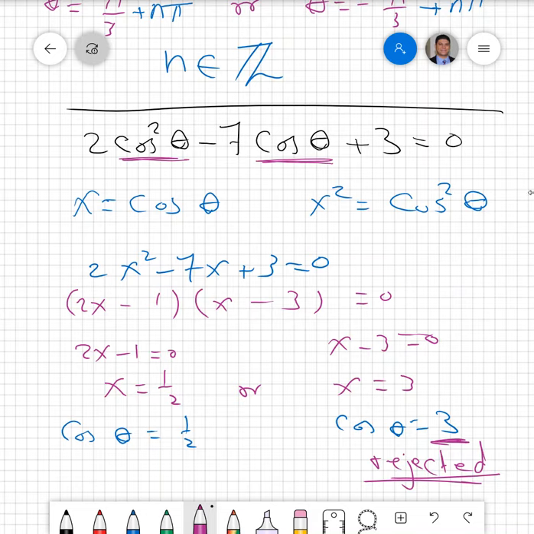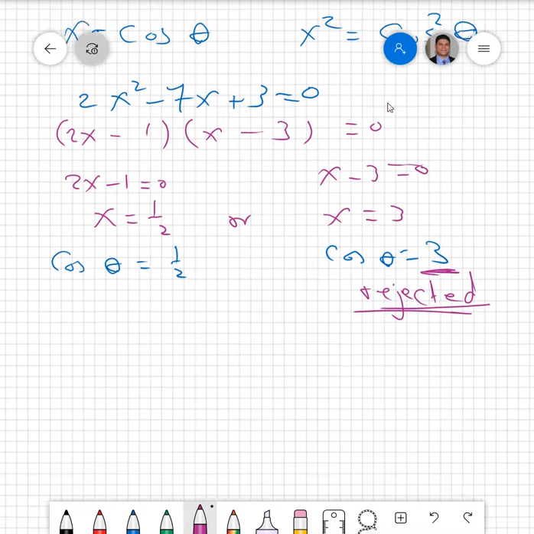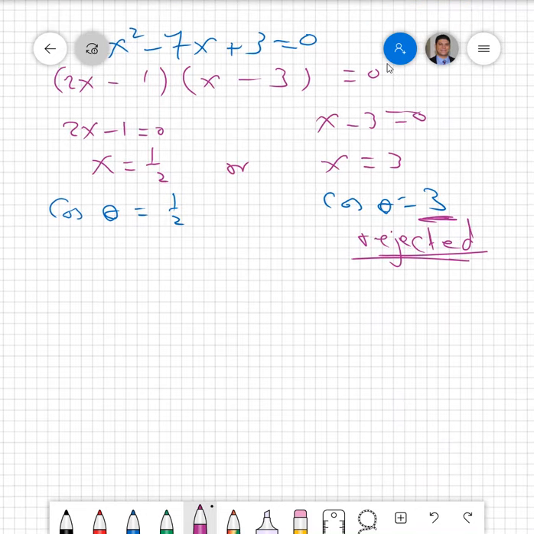Now let us continue. Cosine theta equal to half. Cosine is positive here. We know that cosine is positive in which quadrant? Quadrant 1 and quadrant what? 4. So we need to find the angle theta in quadrant 1 and quadrant 4 first.